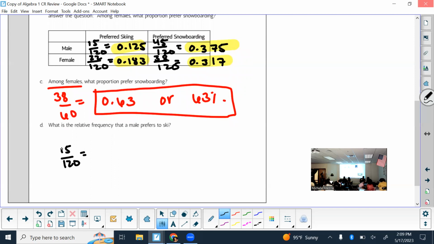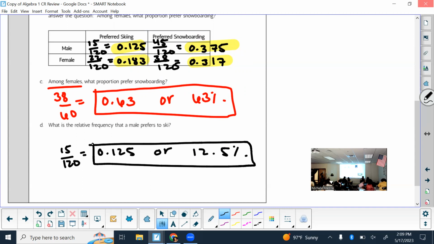And it's 0.125 or 12.5%. So regardless, on your final, just read it carefully. If it says out of these people or among these people or given that, something like that, then it wants the denominator to be not your grand total. Questions on that?